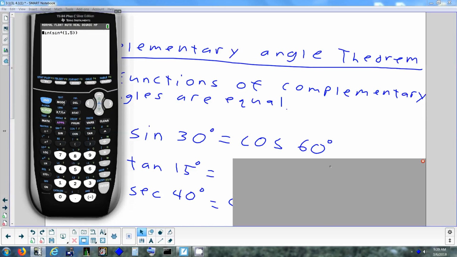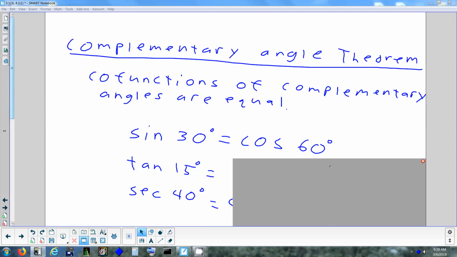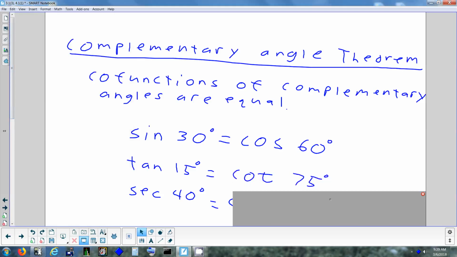And if you're unsure or kind of doubtful, you could check it. The sine of 30, 1/2. Cosine 60, 1/2. They come out the same. The point is not to know that they're both 1/2. We don't care about that. All we care about is that they're the same. Okay, how about tangent of 15? Cotangent of 75. It would be the same as cotangent 75.